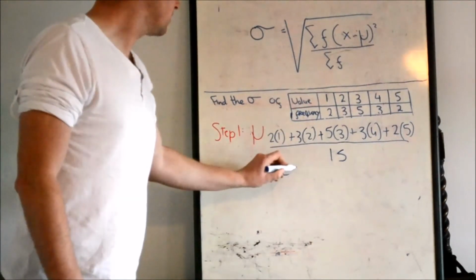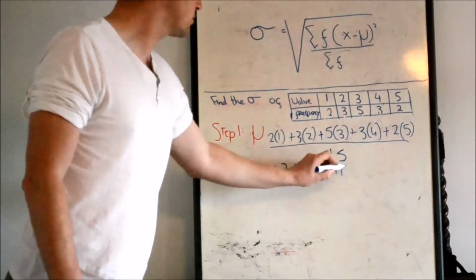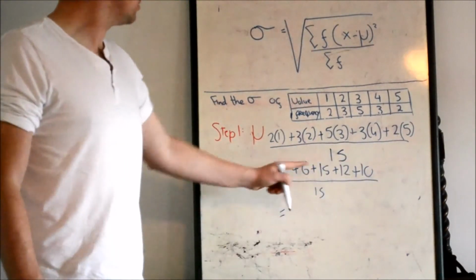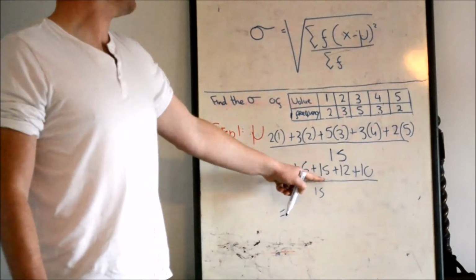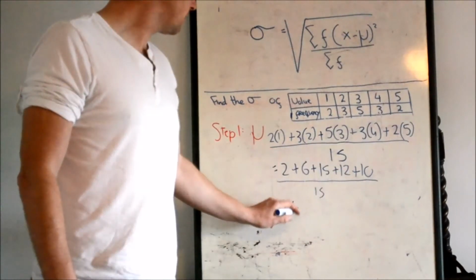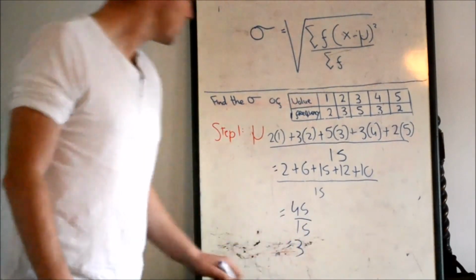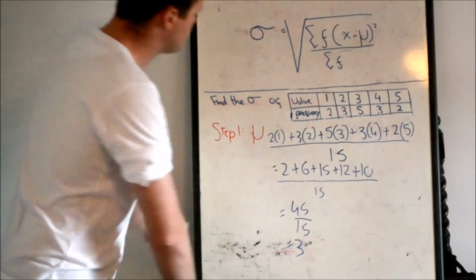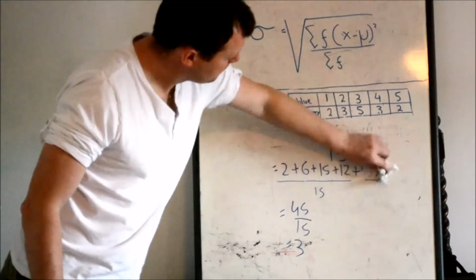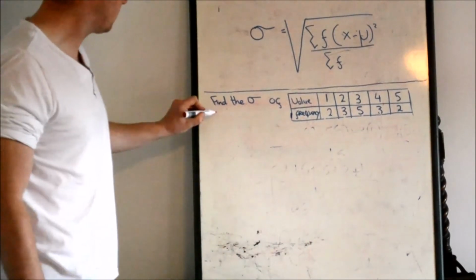So we have 2 plus 6 plus 15 plus 12 plus 10 all over 15, which equals 2 and 6 is 8, and 15 is 23, 35, 45 over 15, which, nice round number, 3. So our mean is 3. Okay, so just to save space, I'm going to get rid of that, but you do know our step 1, find the mean, and in this case our mean is 3.